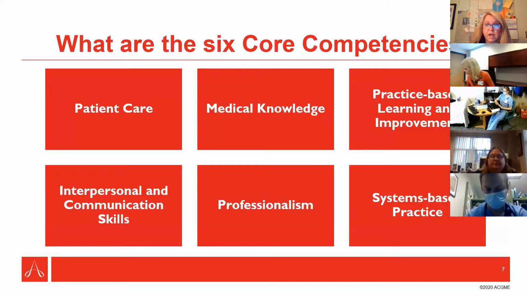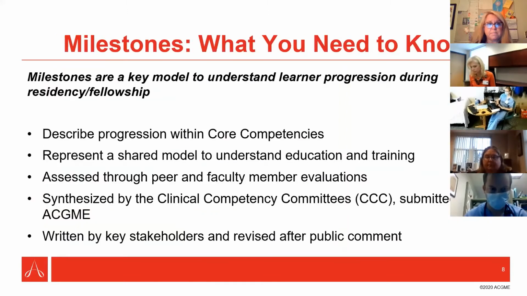We'll dive a little deeper into each one of those, but that's the overarching 6 competencies that all ACGME accredited residencies have. Now, each discipline, family medicine core competencies will be all of these 6, but their sub-competencies may be a little bit different from family medicine to ENT, but all of them have the 6 major core competencies.